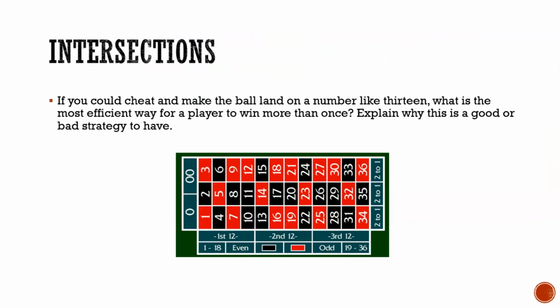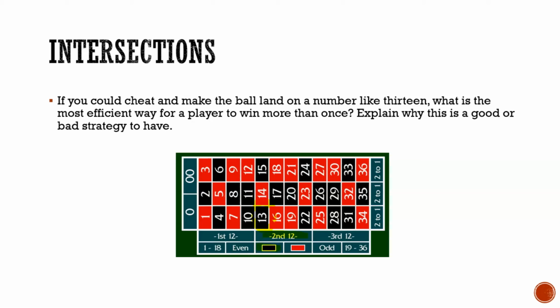To introduce the word intersection, if you could cheat and make the ball land on a number like 13, what is the most efficient way for a player to win more than once? If you can guarantee that the number is going to land on 13, there are many different ways you can win. You can put a chip on the second dozen.